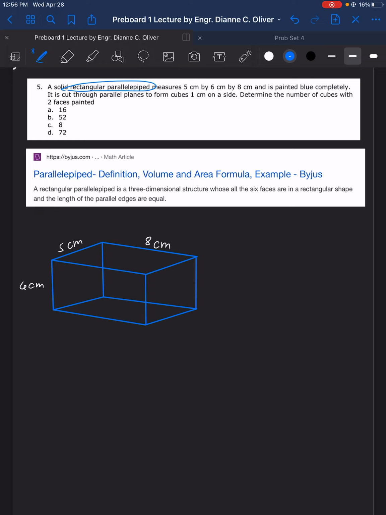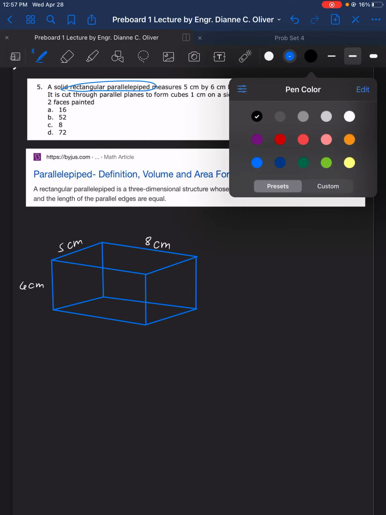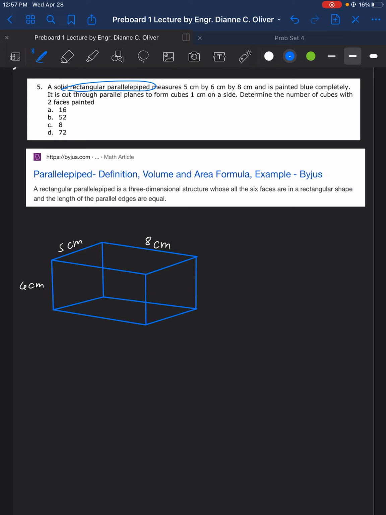So if we cut this prism here, if this is all painted blue, the cubes that we are looking for will be located where? Wherein there's 2 faces painted. So we cut it here, and there, we got it here.